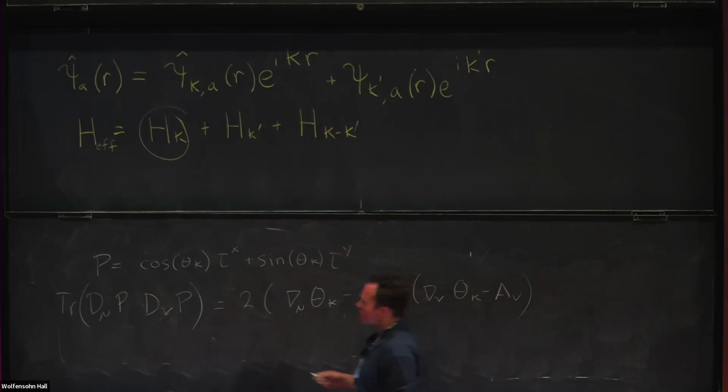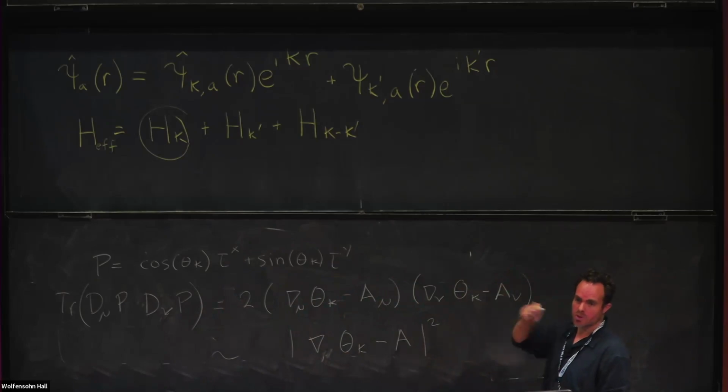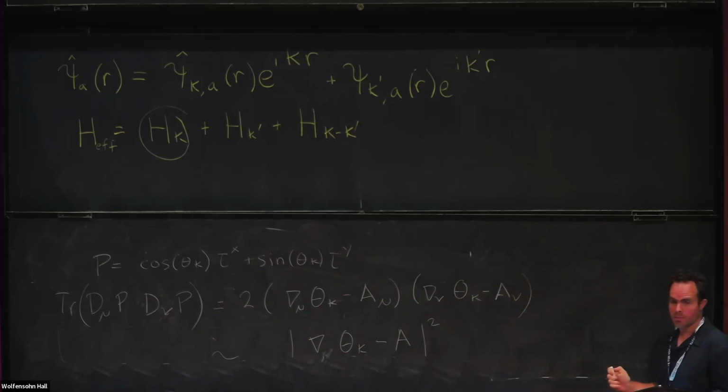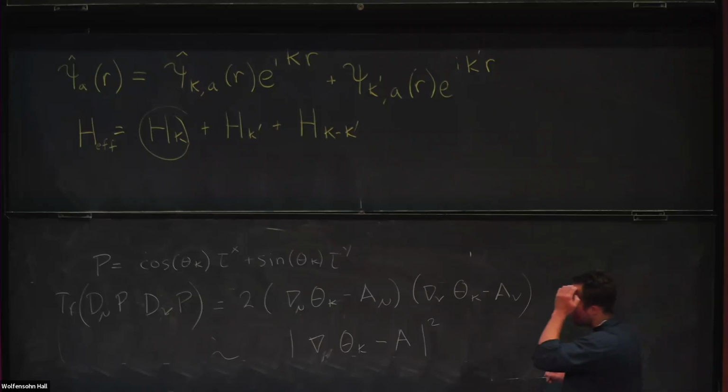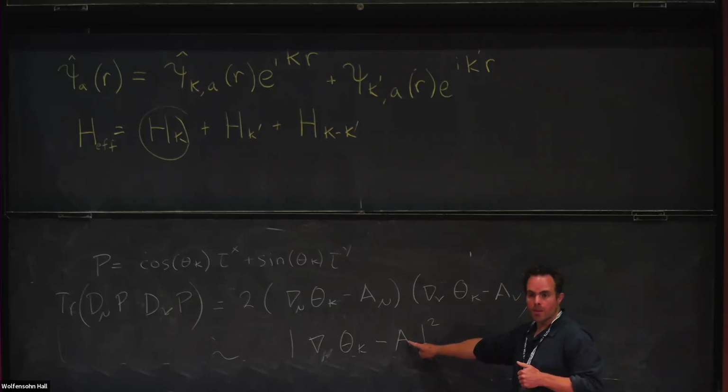So in the particular case where the metric g mu nu is diagonal, this thing just approximates to nabla mu theta k minus A squared, where A is the difference in the quantum geometry between the two bands which are intervalley coherent. So I'll probably have to end my lecture early, but let me just say why that's a kind of interesting phenomenon. So it says, suppose you have two bands whose quantum geometry differs by Berry connection A.